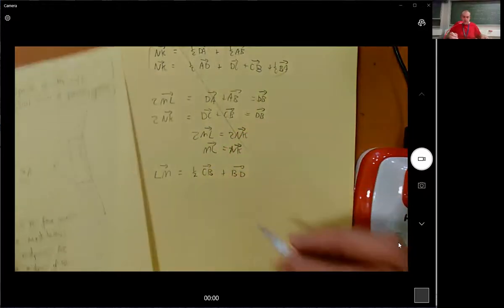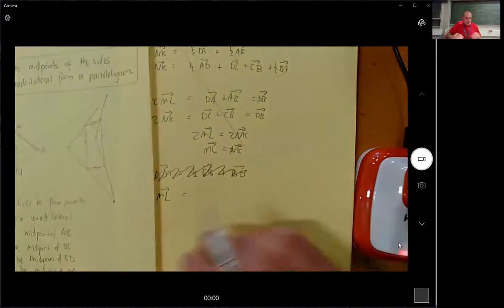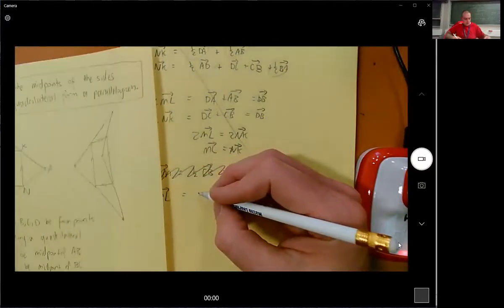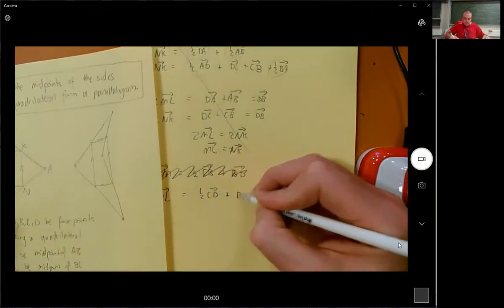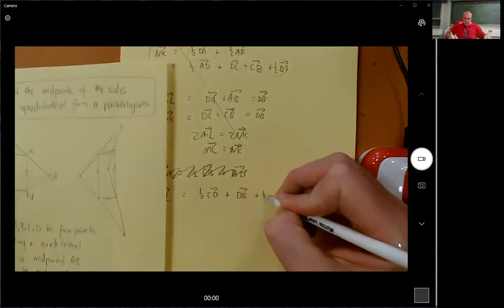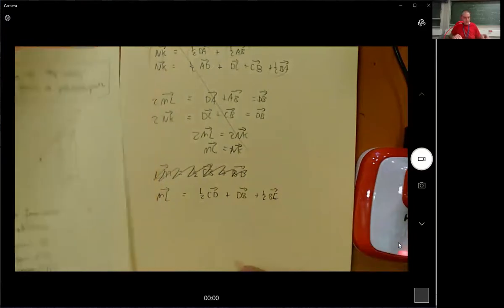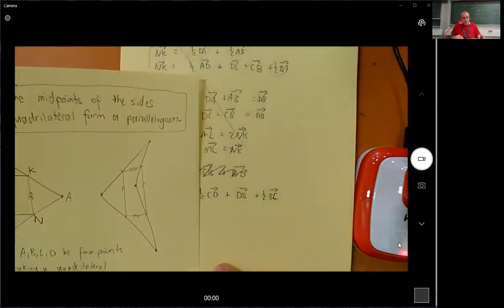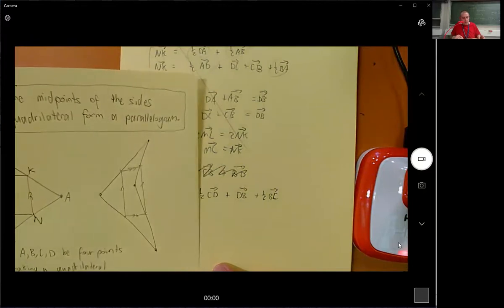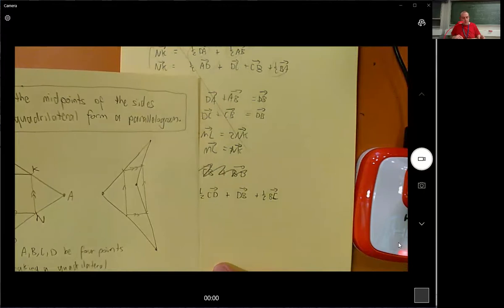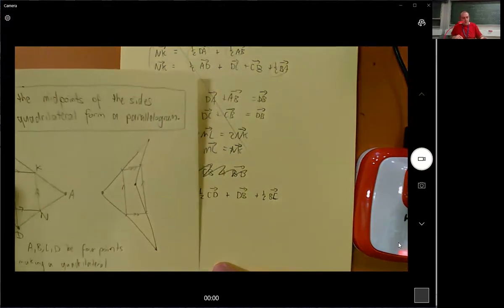I'm doing it the wrong way around. I should do ML just to make it easier on myself. ML is half of CD plus DB plus half of BC. Okay. That's coming around this path here.